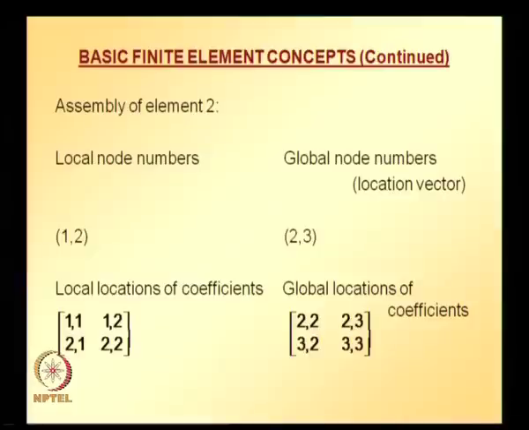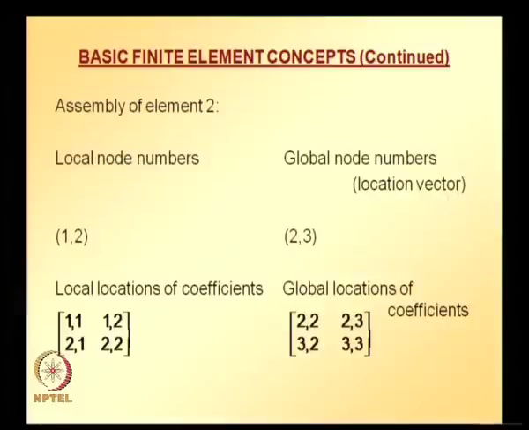Now with this, whatever is there at the 1 1 location in the equation system of element 2 goes into the 2 2 location, and whatever is there at 1 2 goes into the 2 3 location of the global equation system. Similarly 2 1 goes into 3 2, and 2 2 goes into 3 3.